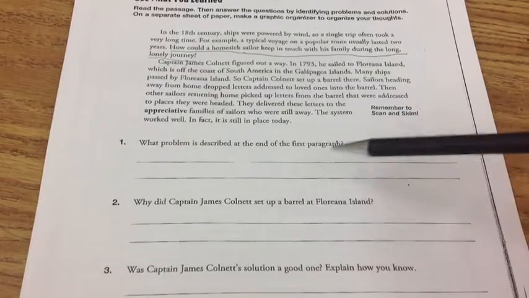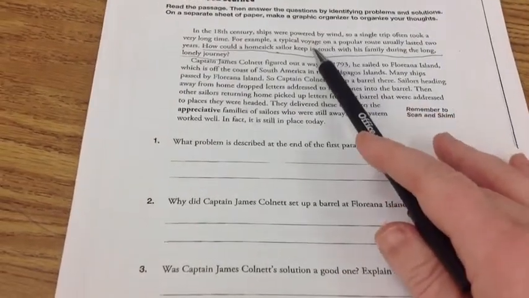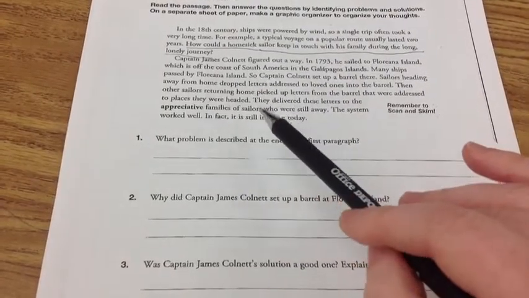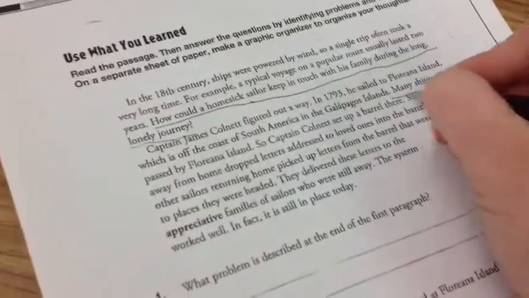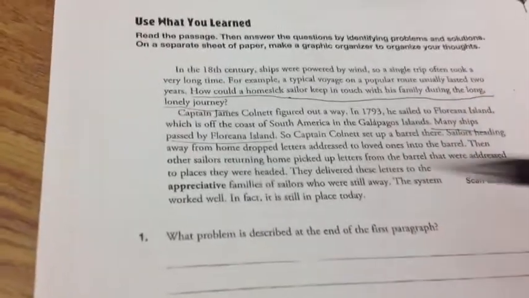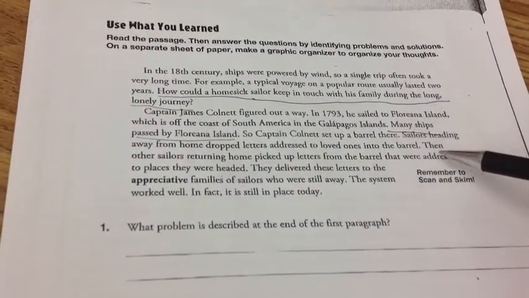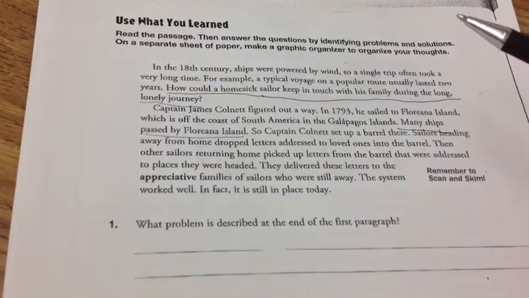So this is the reason why, because the problem was that people wanted to communicate with their family that were away. So because many ships passed by, it was a good location to set up to allow people to put letters in there and then have other sailors take those letters out and go back home with them.